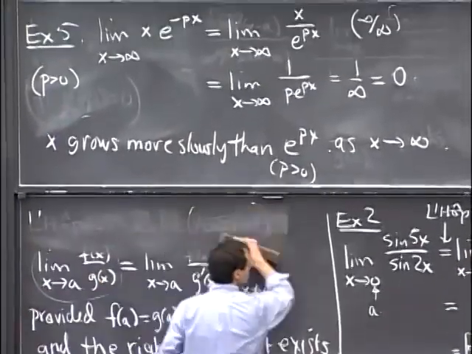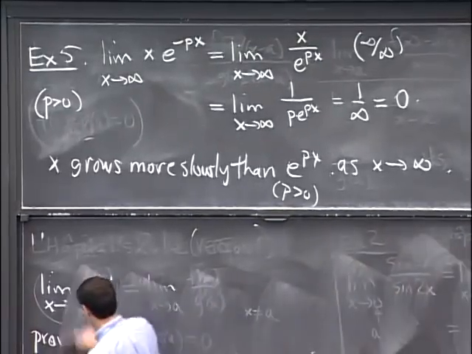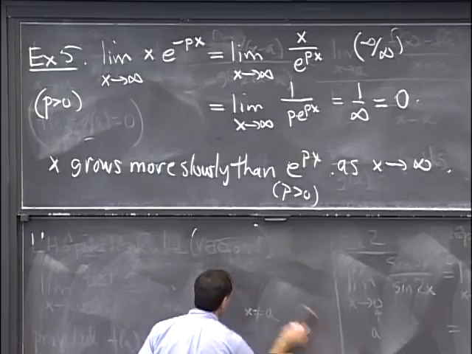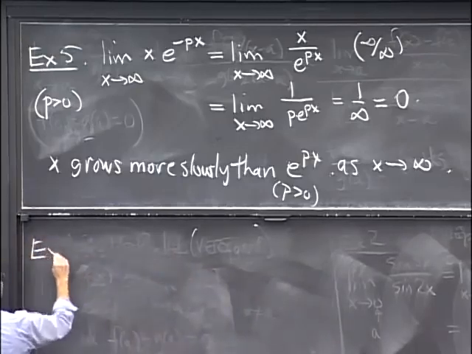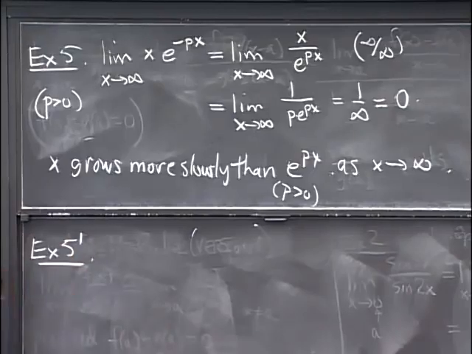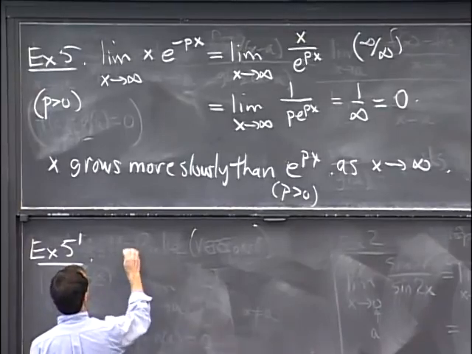All right. Let's do a variant of this. I'll do it the opposite way. So this is, I'm going to call this example 5 prime. It really doesn't give us any more information, but it gives you just a little bit more practice. So suppose I look at things the other way.